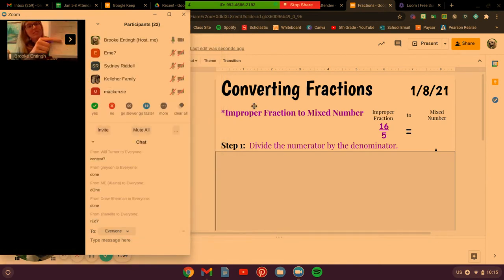So remember, if we're taking 16 and dividing it by 5, it would look like this when we set it up. So go ahead and underneath step 1, divide the numerator by the denominator. Set up and solve this problem. You will have a remainder, okay? Don't add a decimal. I'll go over what it looks like too.